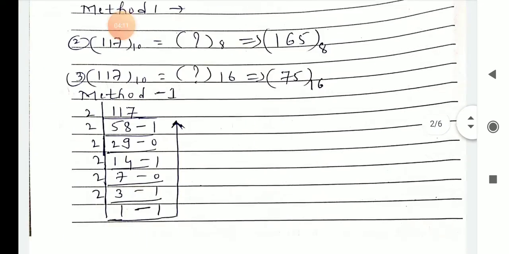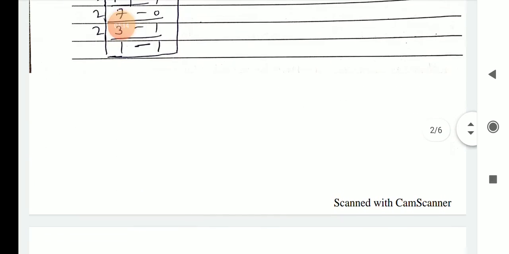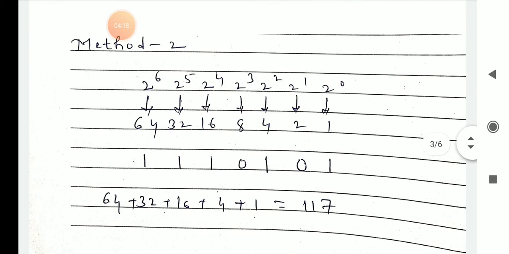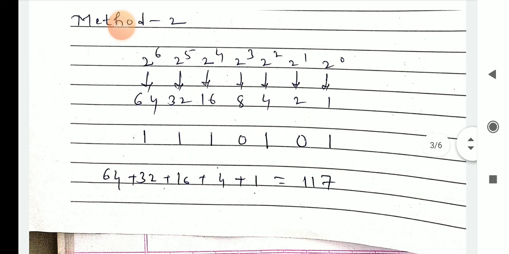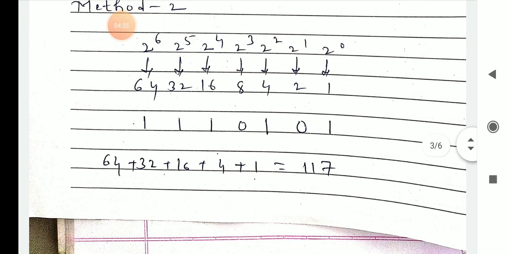Now the second method. You consider from right to left: 2 to the 0 is 1, 2 1s are 2, 2 2s are 4, 2 3s are 8, 2 4s are 16, 2 5s, that is 2 into 2 five times, is 32, and 2 into 2 six times is 64. To get 117, you write 1 for 64, 1 for 32, 1 for 16, then add 64 plus 32 plus 16 plus 4 plus 1.